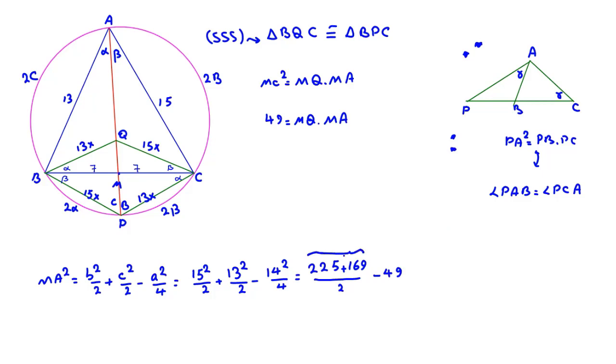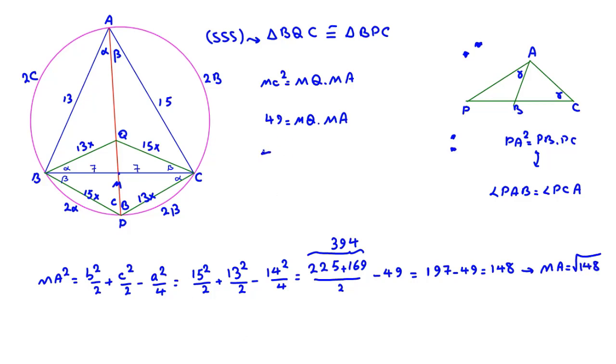If you add these two things, we have 394 over 2, which is 197, minus 49. So that is 148. So MA squared is this, so MA equals the square root of 148.